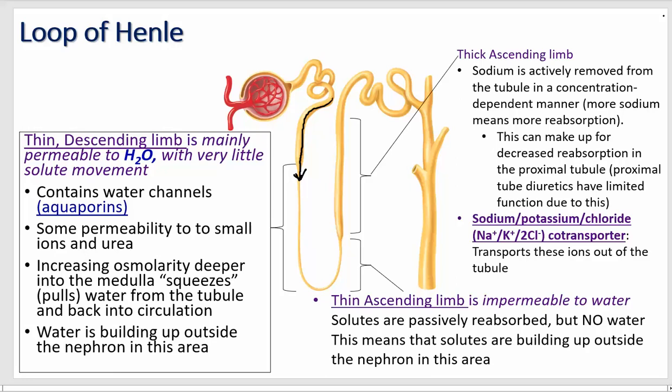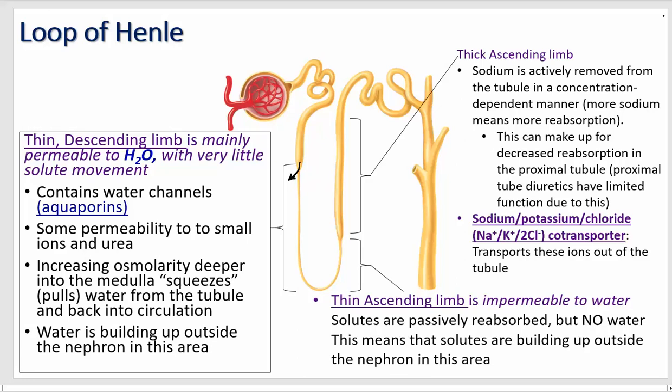Some of them can leave if the concentration gradient says they can, but we're not going to pump them out anymore. So any movement of particles is minimized because it's passive movement. However, water is freely permeable, and water is going to move out.